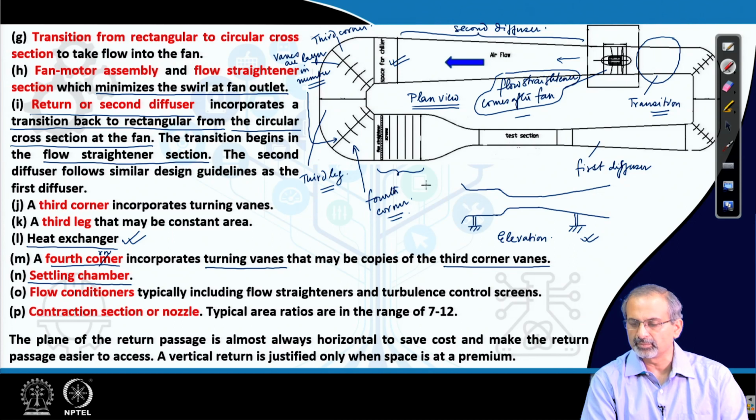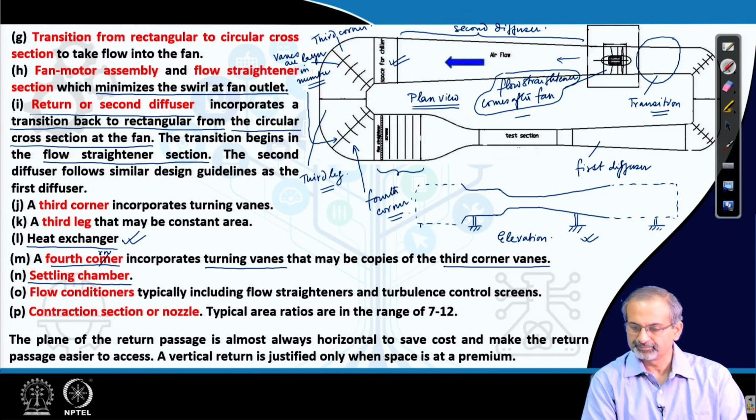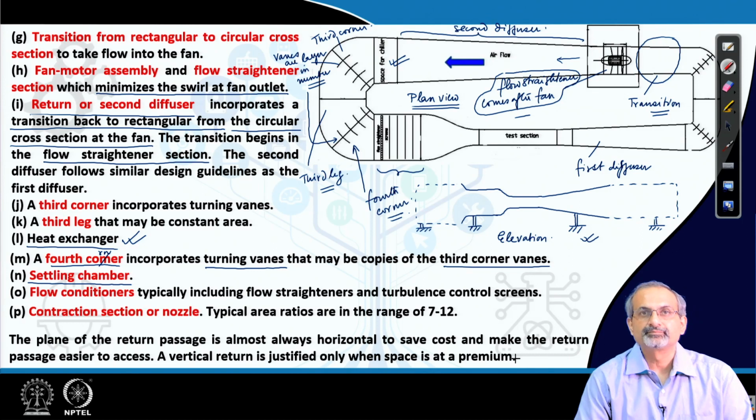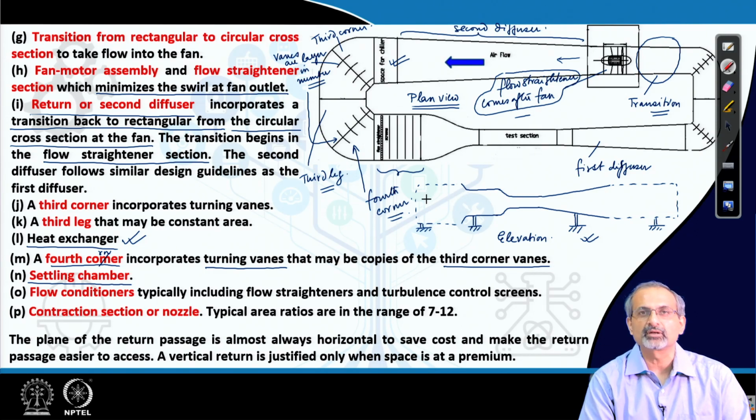Only difference would be that it would continue over here because it is a closed circuit with the remaining components coming. Usually it will be longer. And once it takes a turn, you cannot show it in the elevation view, but you can do it in the plan view, and therefore, the plan view is more convenient to discuss.